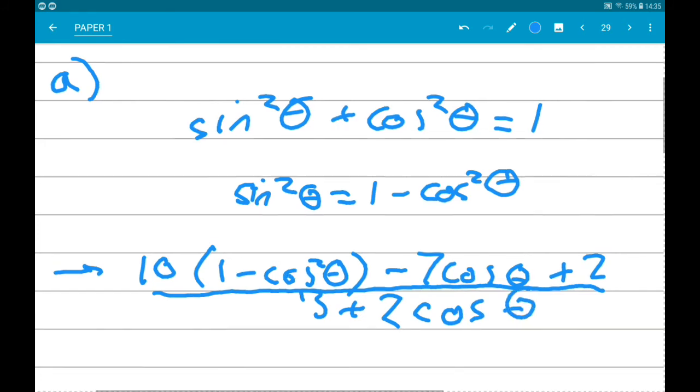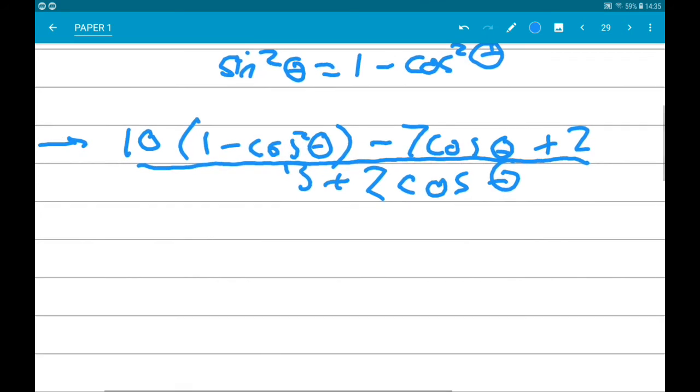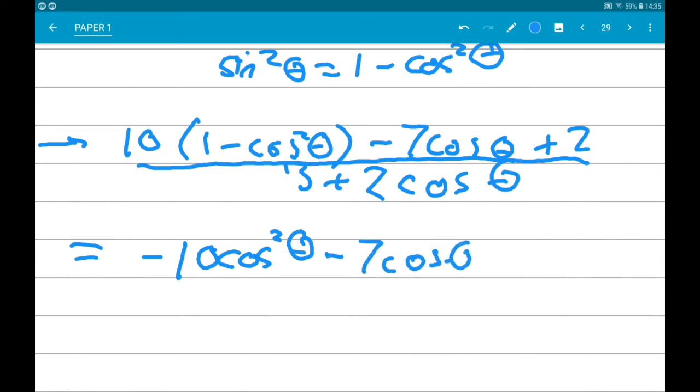Okay, so we've got minus 10 cos squared minus 7 cos and then we got 10 add 2, so that's 12 over 3 add 2 cos.